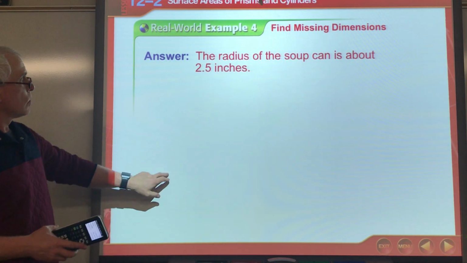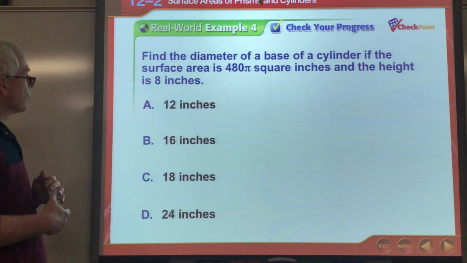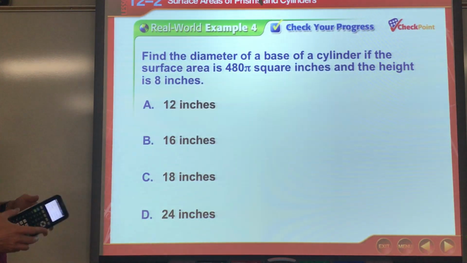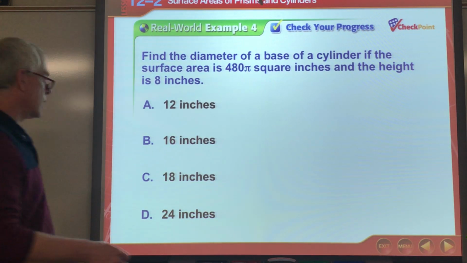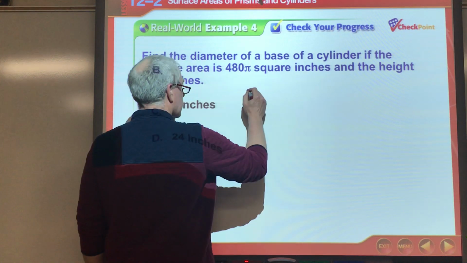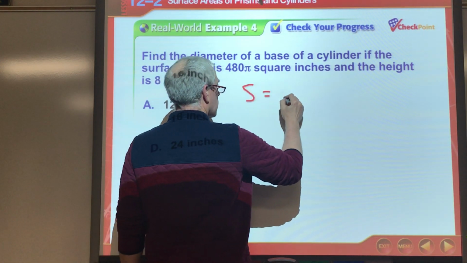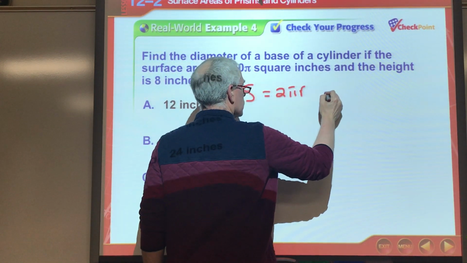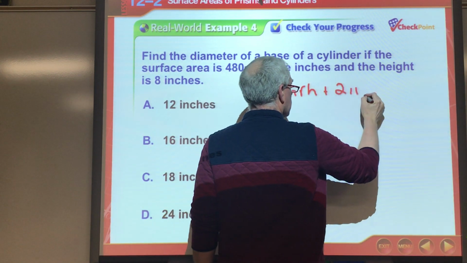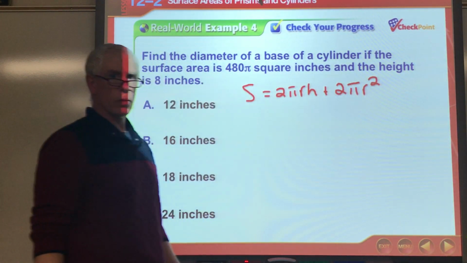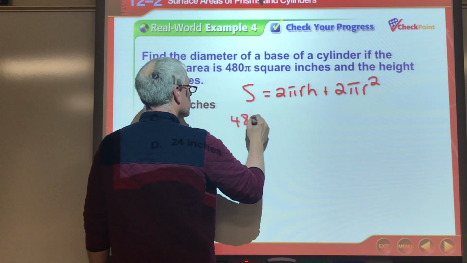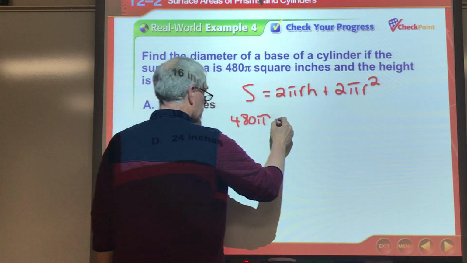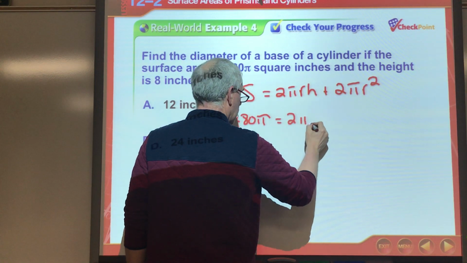Okay, so let's have you do one. Find the diameter of the base of a cylinder if the surface area is 480 pi and the height is 8. Okay, so again, surface area is 2 pi r h plus 2 pi r squared. And we're going to put in what we can put in. So I know the surface area is 480 pi equals 2 pi r.